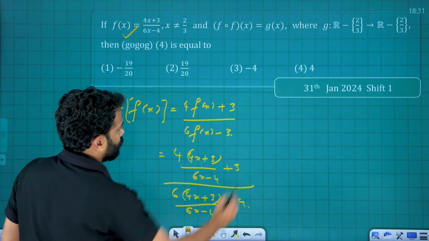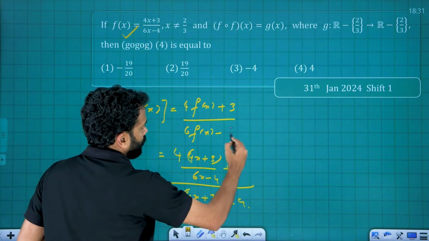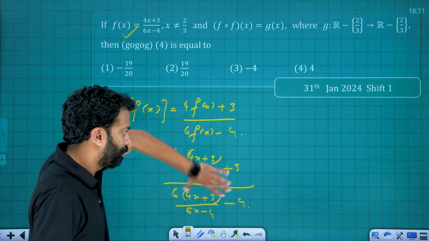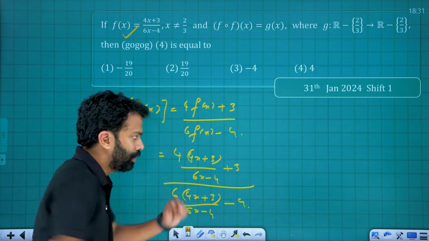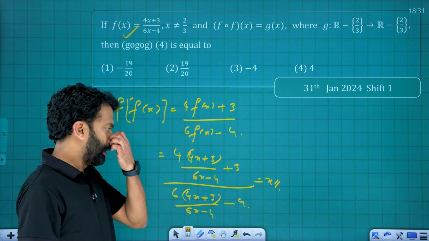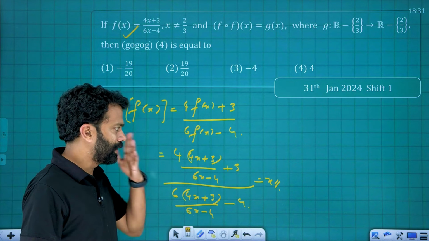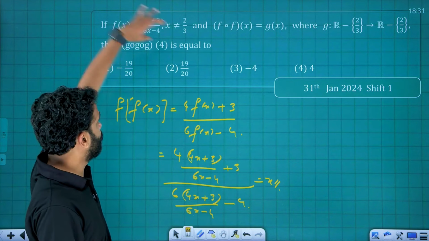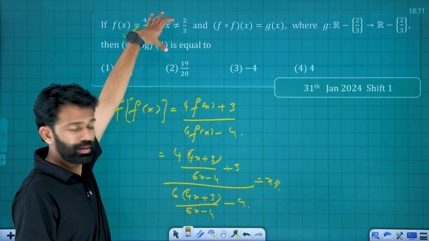See, if you operate it, you know how to simplify this, right? You'll get x. I'm writing it directly because it's a very basic question, and a familiar expression of a function.